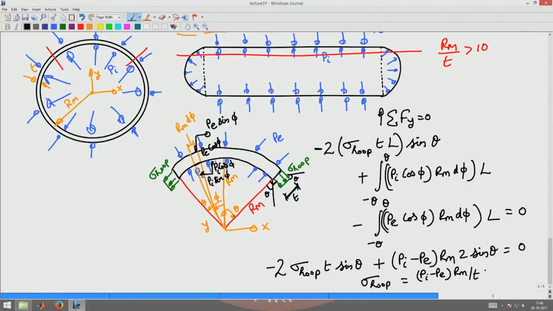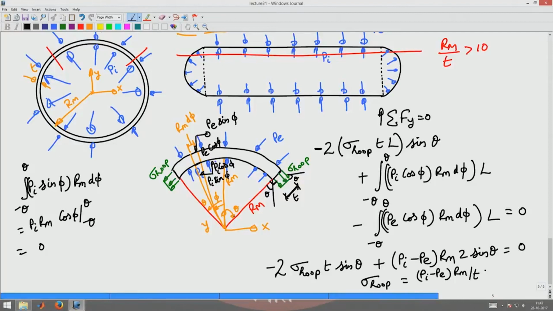Now, let us see what happens to the horizontal component. I will just show what happens to Pi sin phi Rm d phi integrated from minus theta to plus theta. This will be Pi Rm cos phi from minus theta to plus theta, which is 0 because cos of minus theta is cos theta.